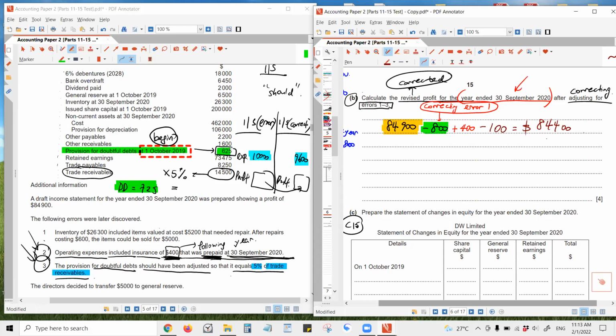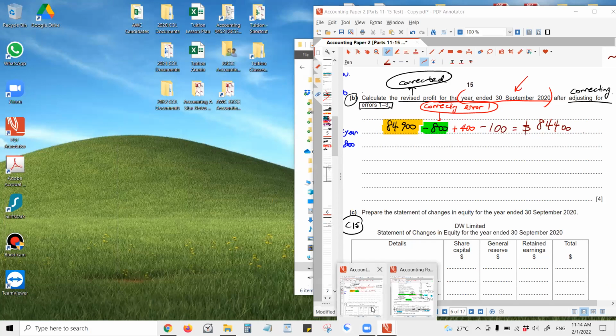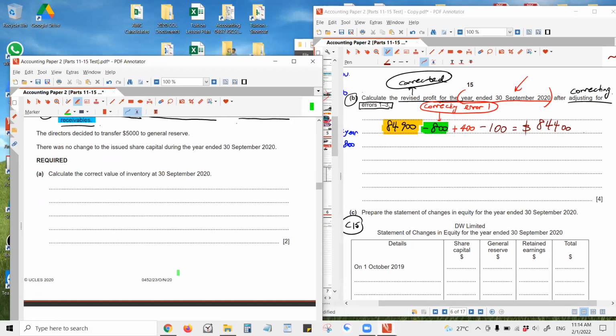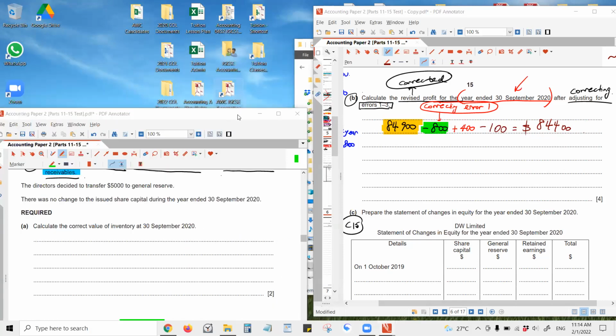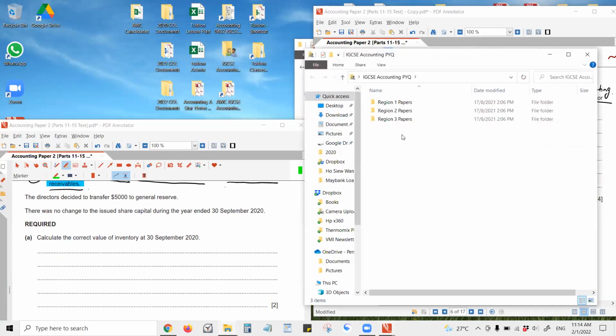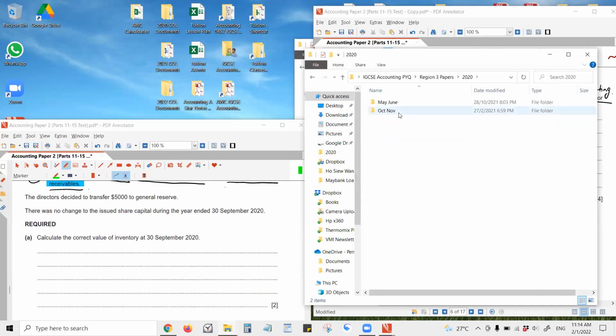We go to the exam mark scheme. Let me see the code. 2020 October November variant 3, paper 2.